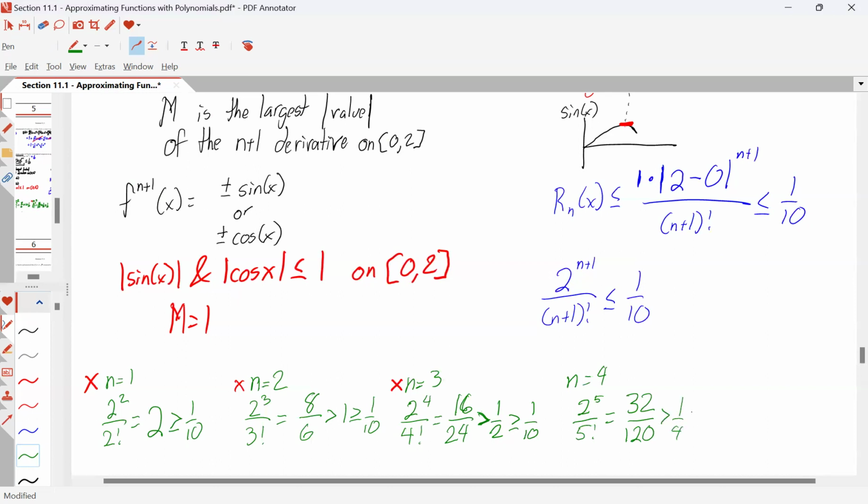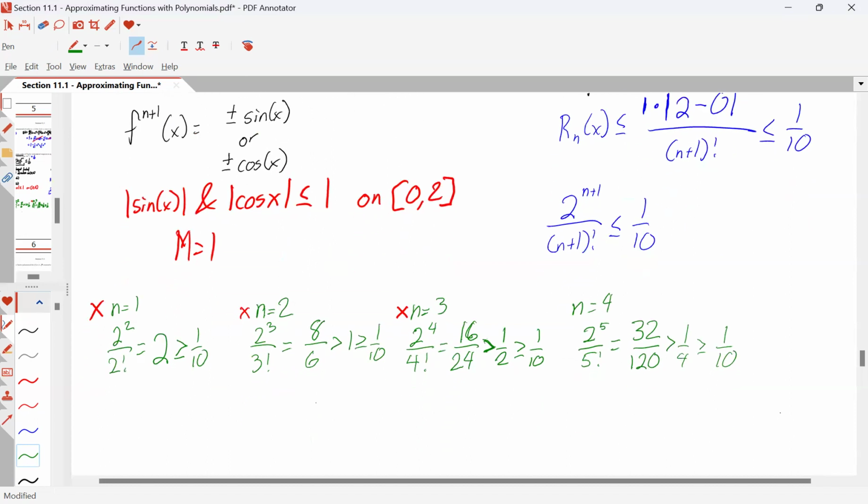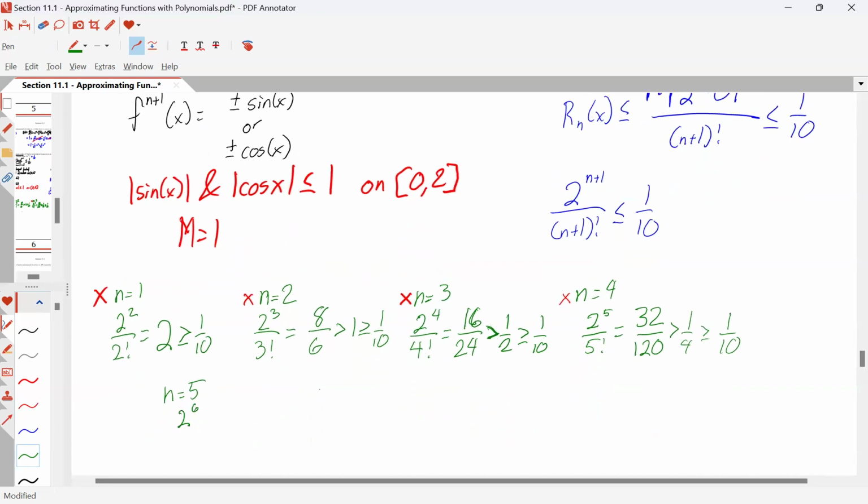And being bigger than 1/4, we also have that it's bigger than 1/10. So not n equals 4. N equals 5 will be 2 to the 6th over 6 factorial, which is 64 over 720.